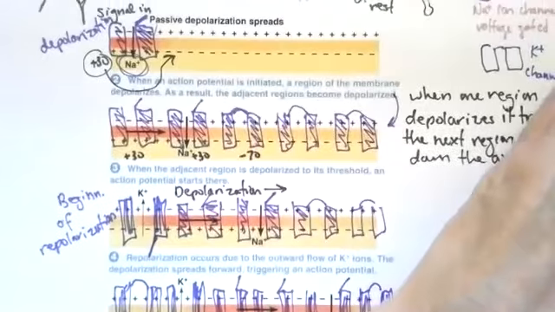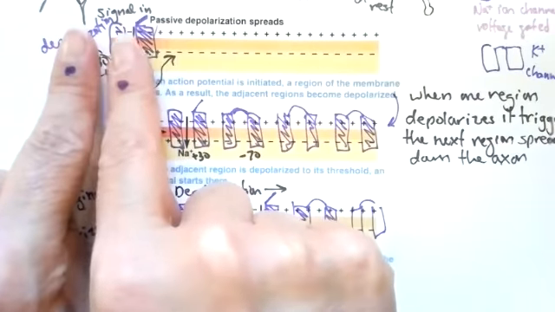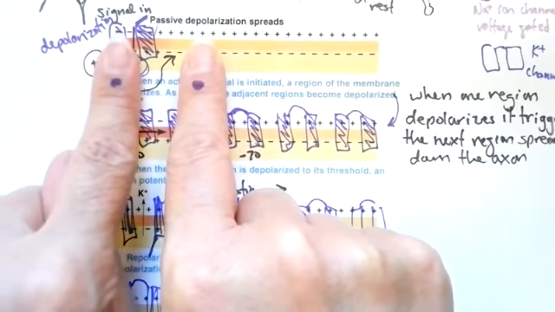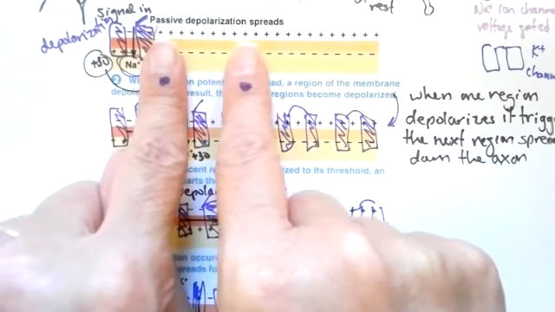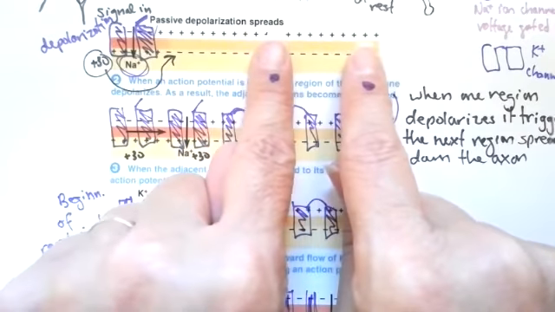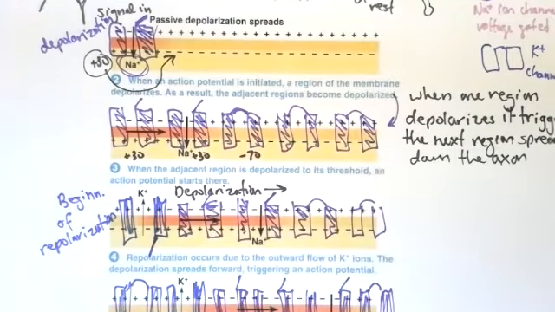If we look back up here, the depolarization is going to start and spread down, and then a ways behind it, remember blue's repolarization, it's going to also start and spread. We'll just continue down to the end here, and that is the end of one action potential.